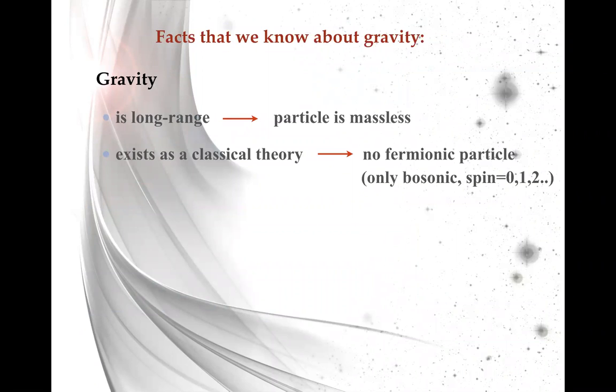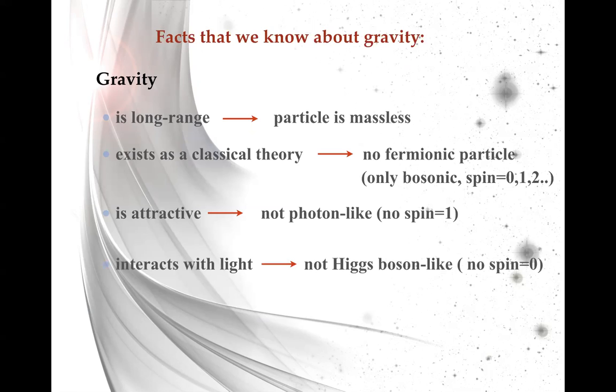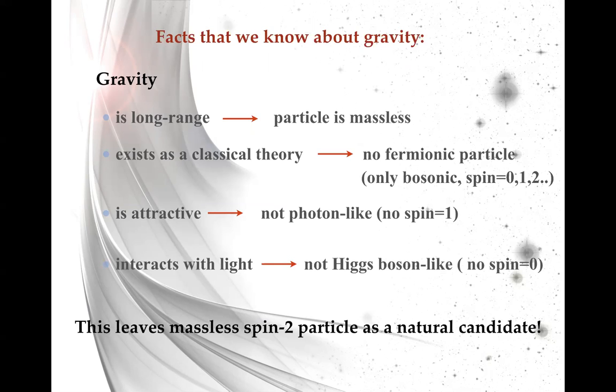This excludes already the spin 1/2 type of particles. It is attractive, so it cannot be photon-like, no spin 1 particle. And it couples to light, so it cannot be Higgs boson-like. This excludes spin 0 particles. So this leaves massless spin 2 particle as a natural candidate.